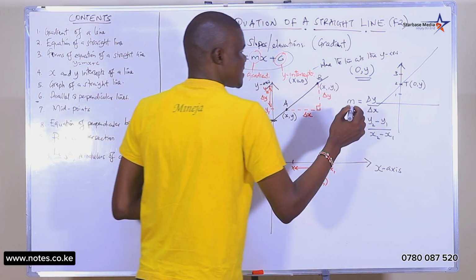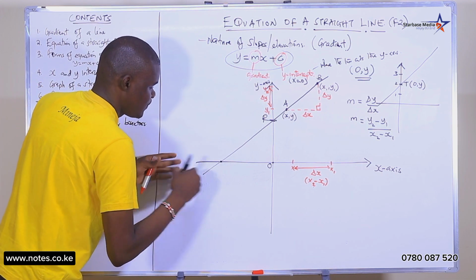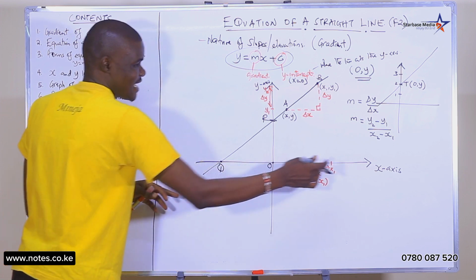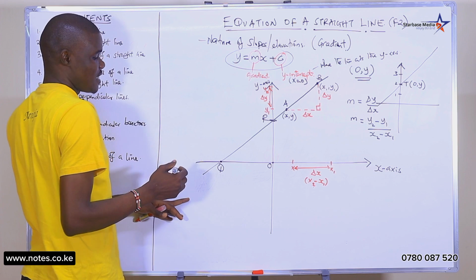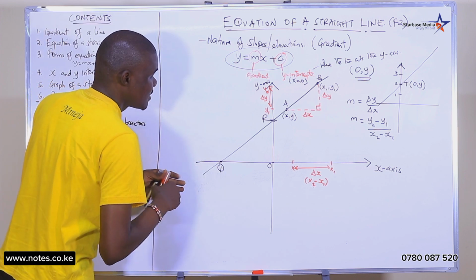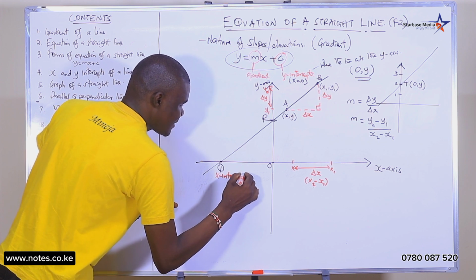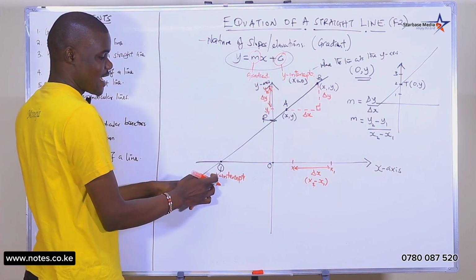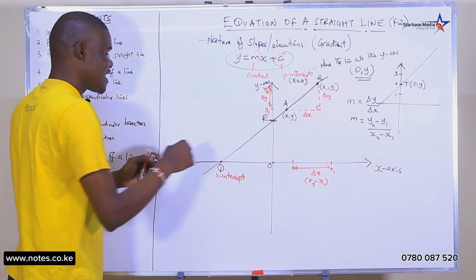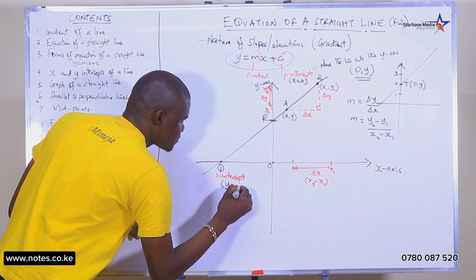And then this place where the line cuts the x-axis, let me call it Q, is called the x-intercept. Where the straight line cuts the x-axis is called the x-intercept. At the x-intercept, you can also witness that the value of y is equal to 0.